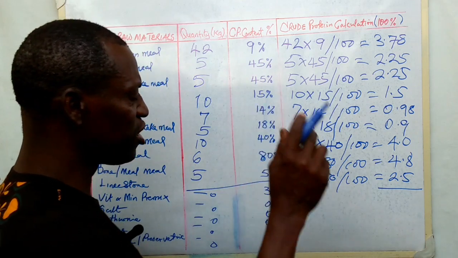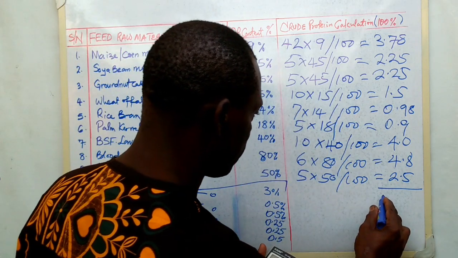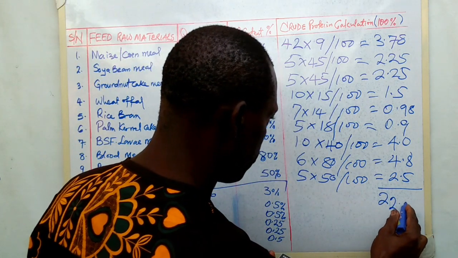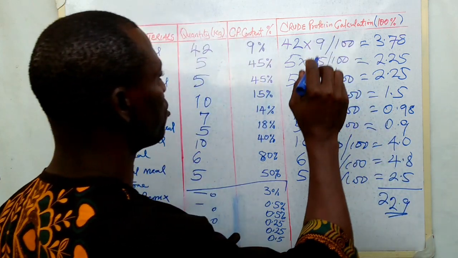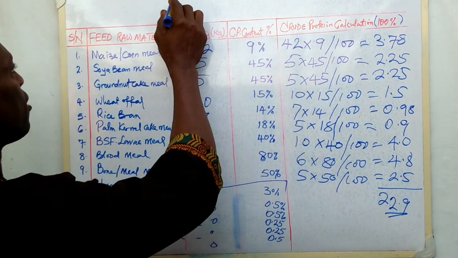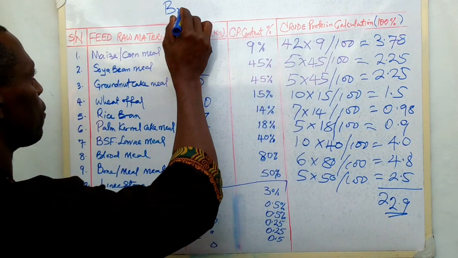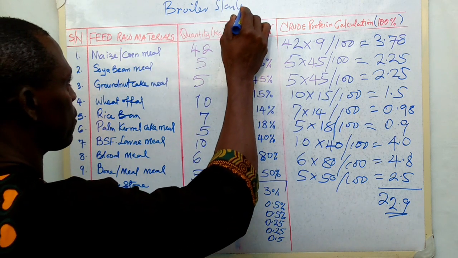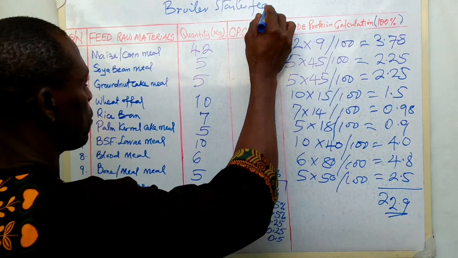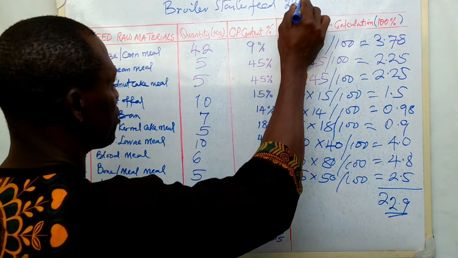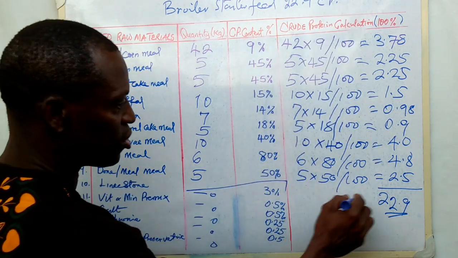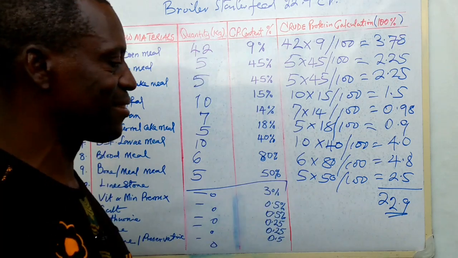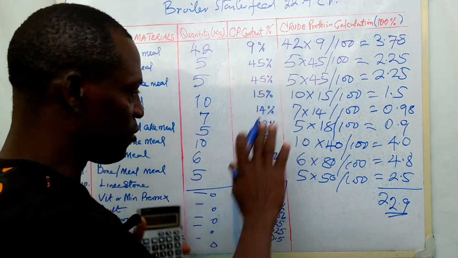This will give us 22.9. You can see that this is broiler starter feed, 22.9% CP. This is what this feed gives you.